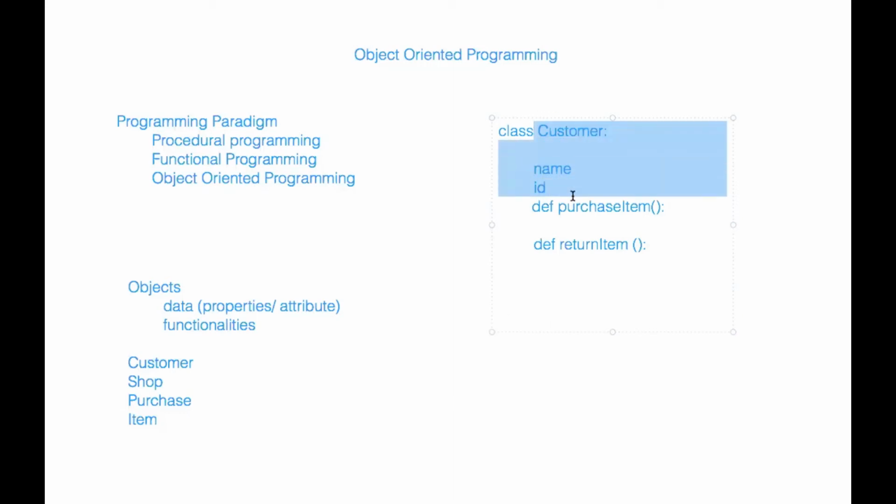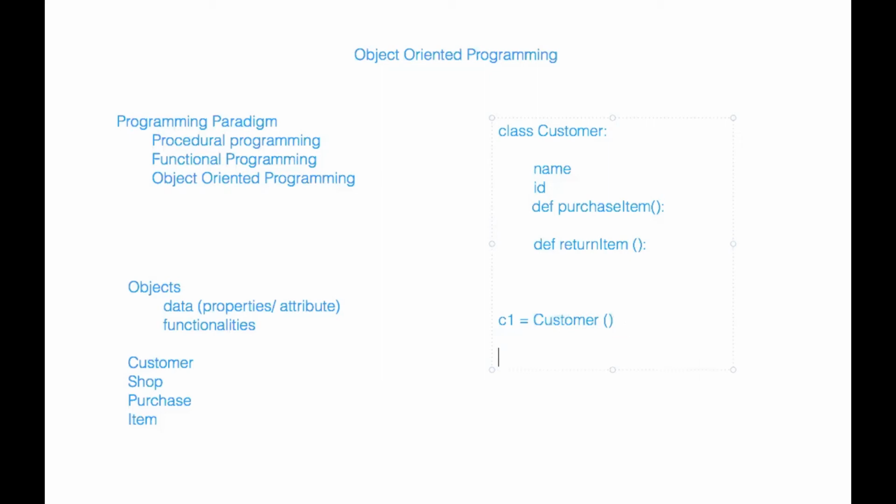Customer is a class. The class is a definition of an object. So we have to create an instance of the class, which is actually called an object. For example, C1 equal to customer. Here we created a customer.